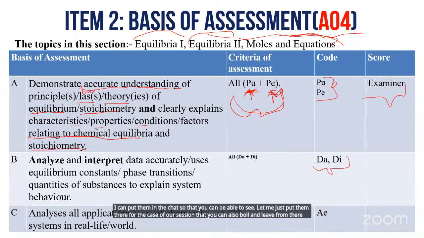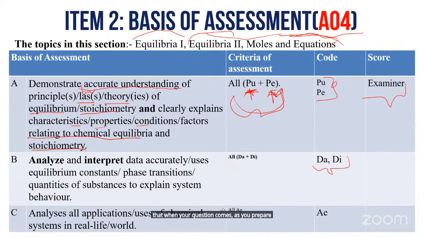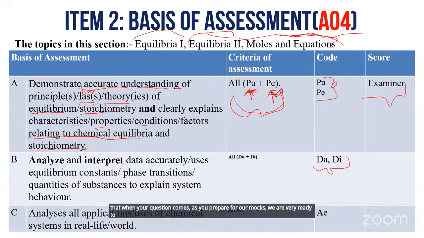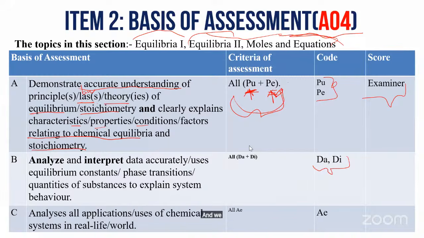So that when a question comes, as we prepare for our mocks, we are very ready to attempt any item that comes along the way, whether they have broken down the tasks into parts or whether it is just a block item, we make sure that we are in a position to respond. I've put all of them for you: the question papers and the guides for paper 1 and paper 2.